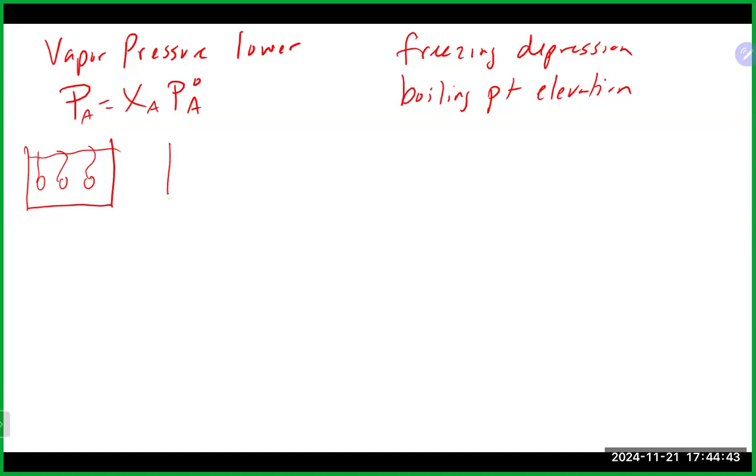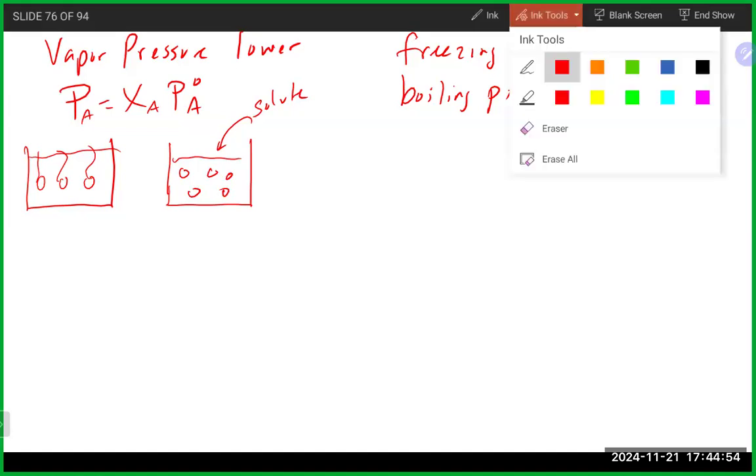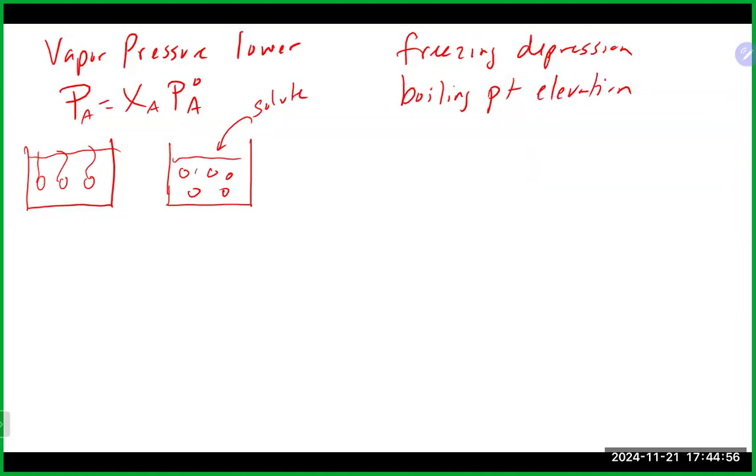But once we make a solution and dissolve any type of solute in here, we end up with both the solvent molecules in that solution, and now we have other particles. I'll just make those blue circles.